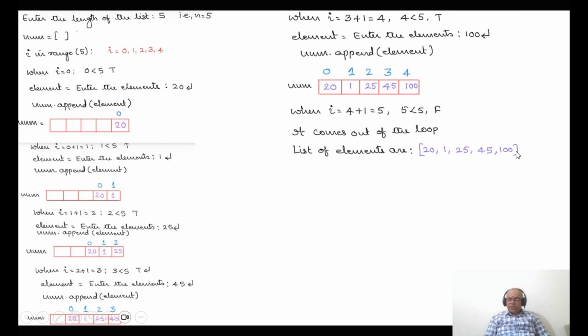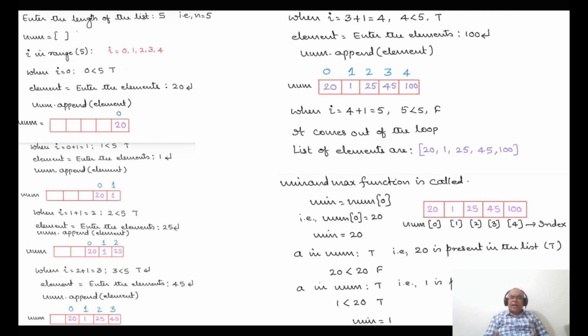Once you get this, now the min and max function is called. Once it goes to the call, it goes to the subprogram, that is the definition def min and max. First it takes the value of the index, which is 0. min is equal to num[0].